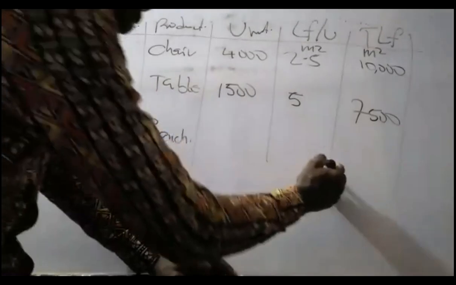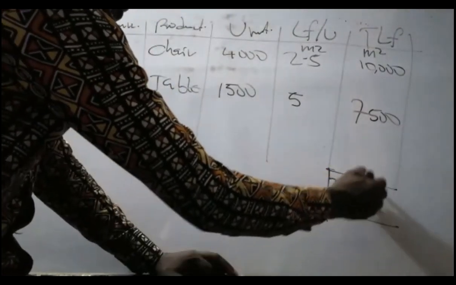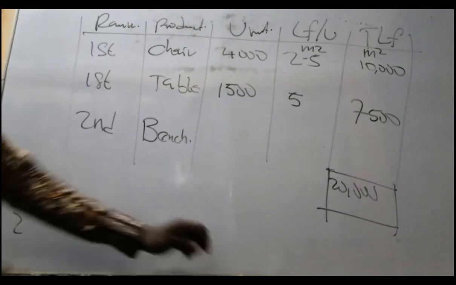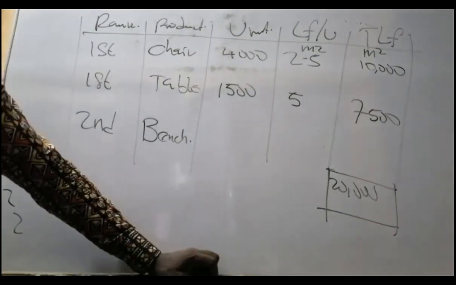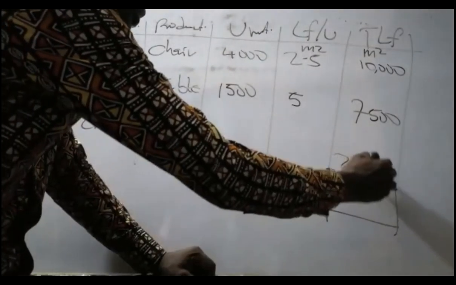So the total limiting factors, they are 20,000 square meters, and we've used 17,500. So let me do what? So left 2,500.